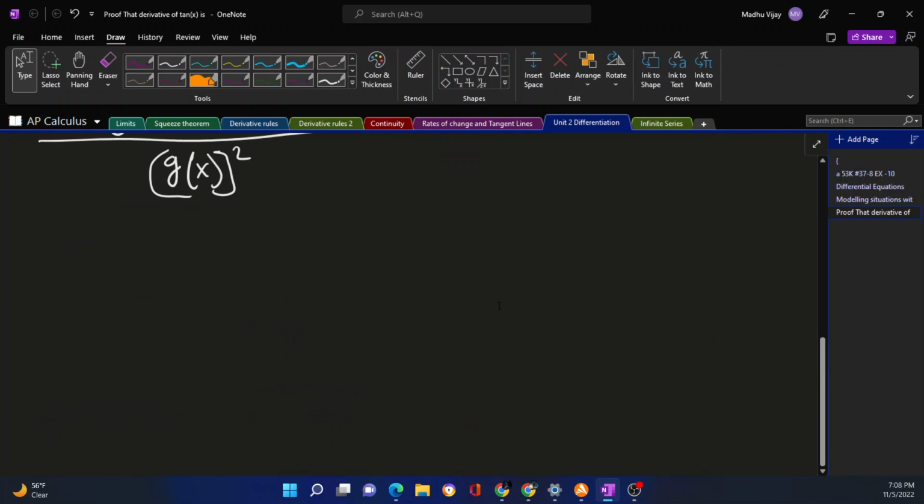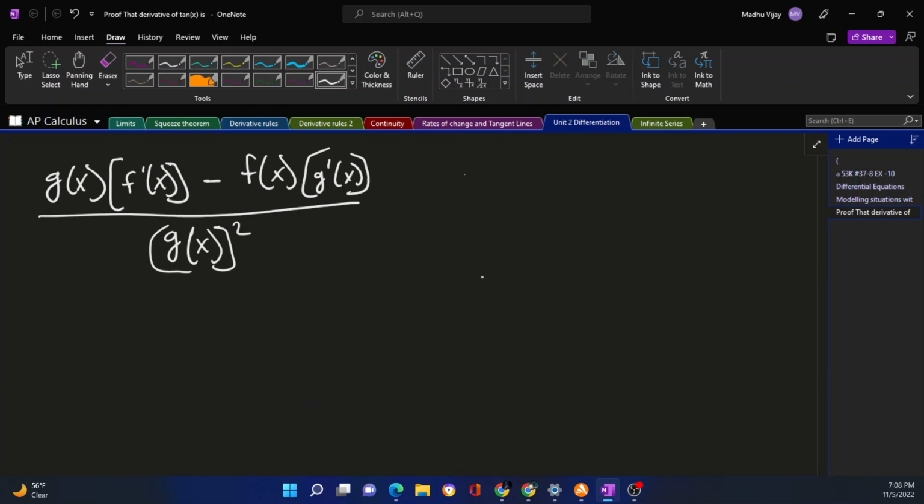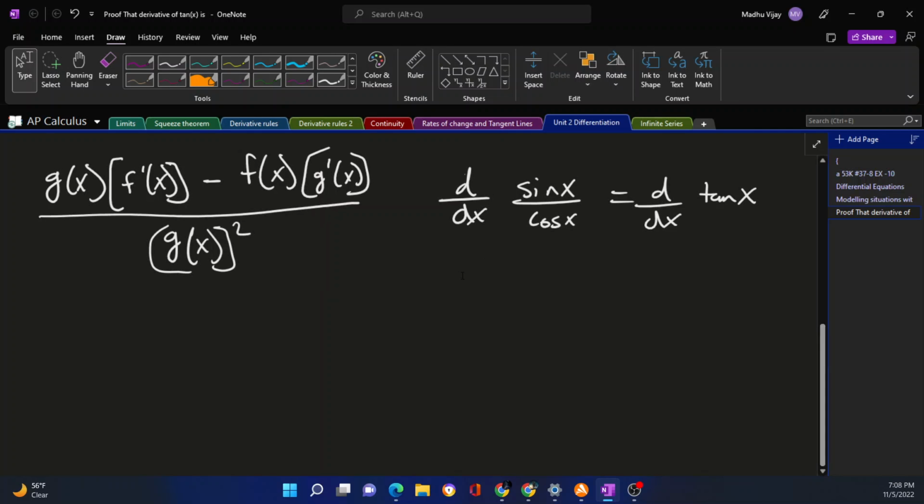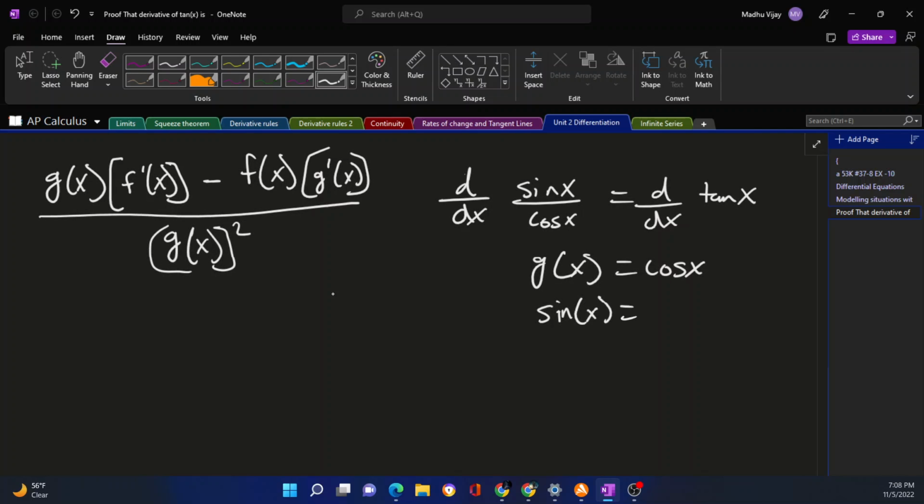I'm also going to write this down here so you don't get confused: d/dx of sine x over cos x is equal to d/dx of tan x. Alright, let's start plugging in. We know that g of x is the bottom function, which is equal to cos x, and sine x is equal to f of x. Using this information, we plug this all into the rule.